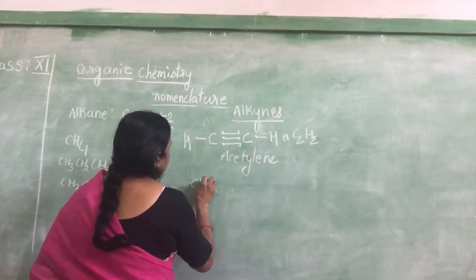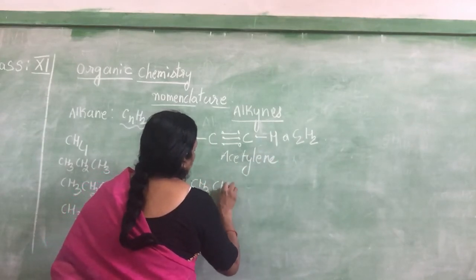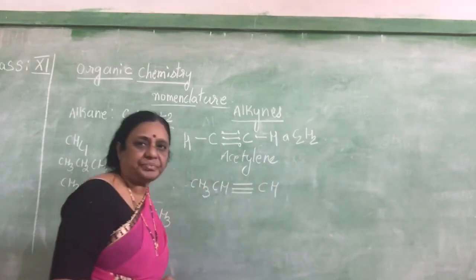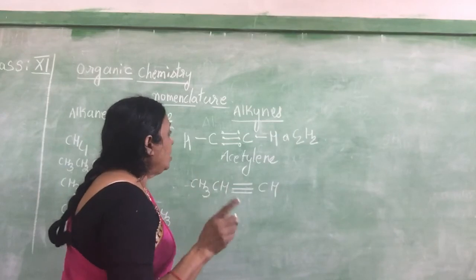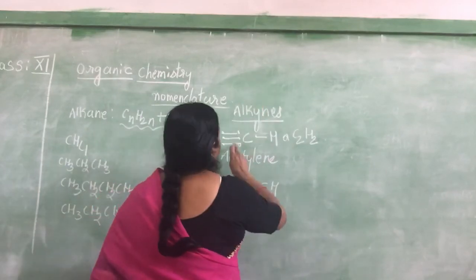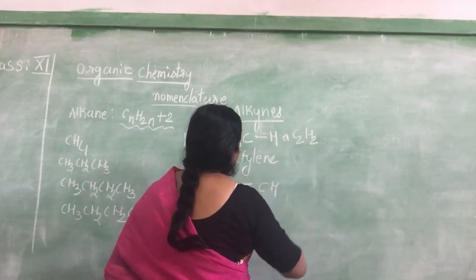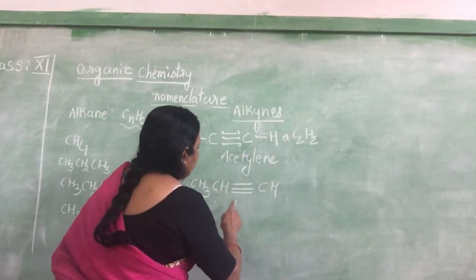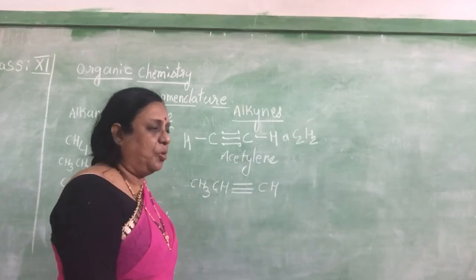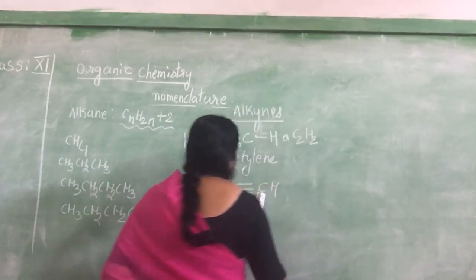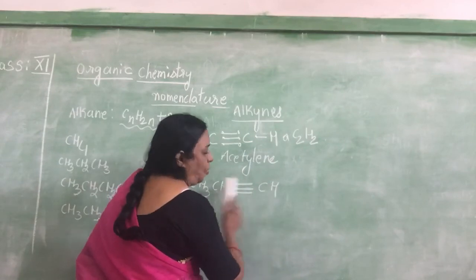Next member CH3, propyne. CH triple bond CH. Now ethyne, CH triple bond CH, C2H2. Okay. Now here triple bond. Now look at the board, children. What is the mistake we did here? Now this carbon atom has 1, 2, 3, 4.